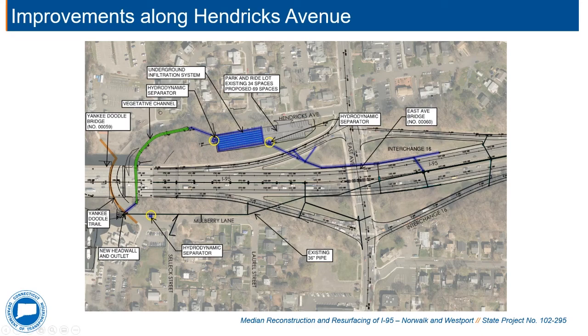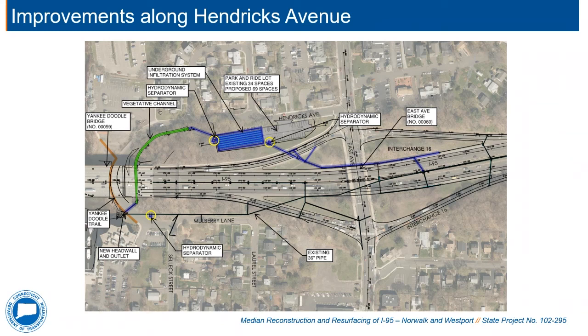As part of the presentation, we talked about those who have experienced flooding along I-95 in the vicinity of East Avenue. As mentioned, that flooding is attributable to the existing highway drainage system being undersized.